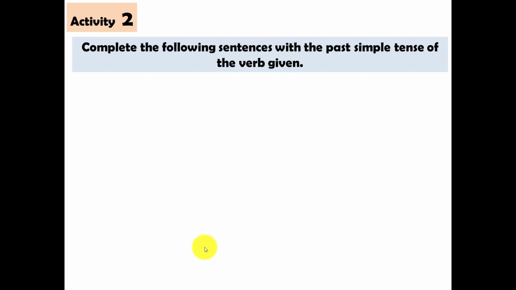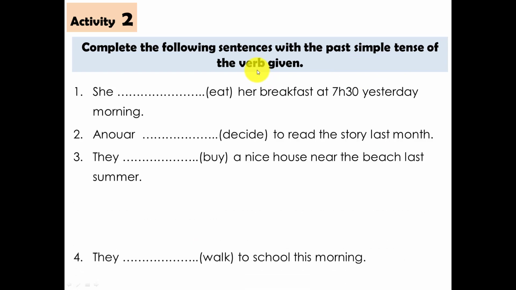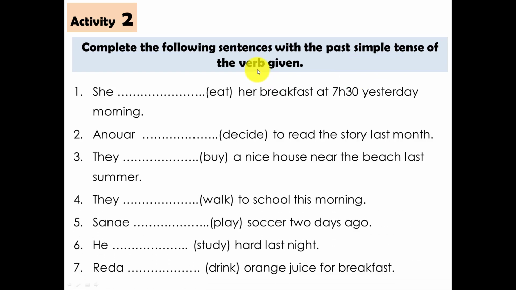Here you are going to complete the following sentences with the past simple tense of the verbs given. You have here 7 sentences, and take a couple of minutes, do the activity, and go back to the video. Ready? Number 1.